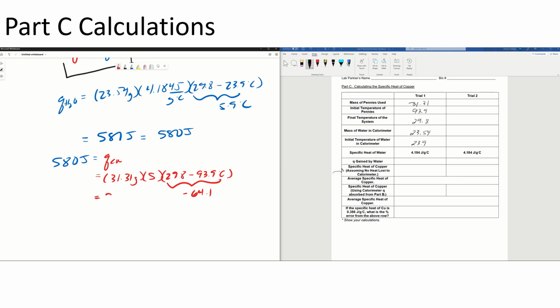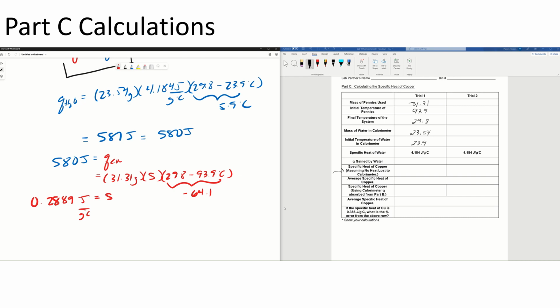So S here is going to be 0.2889, excuse me, 9, and it's going to be joules per gram degree Celsius. We can ignore the sign here because specific heats are always a positive value.